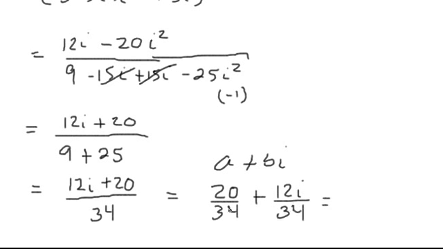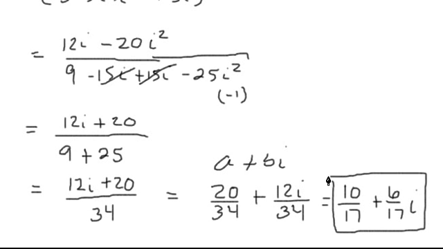But we want to reduce this fraction right here, and let's see, 2 goes into 20 10 times, 2 goes into 34 17 times, and then the same thing here, 2 goes into both of those, and so there you are. 10 over 17 plus 6 over 17 i in the a plus bi form. And I think I'll end it with that. Okay.